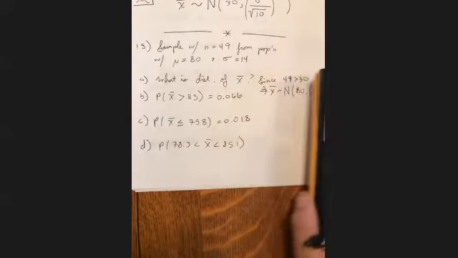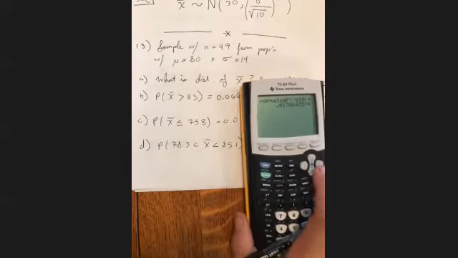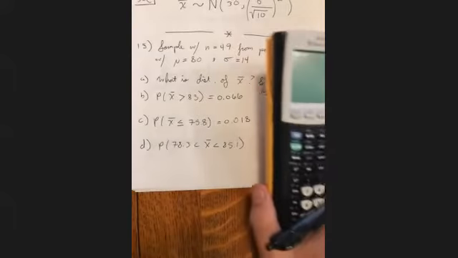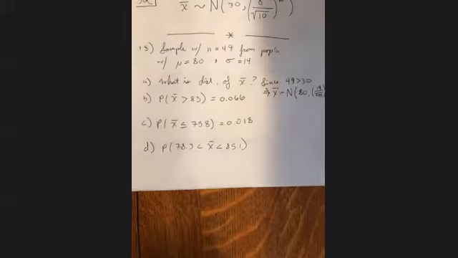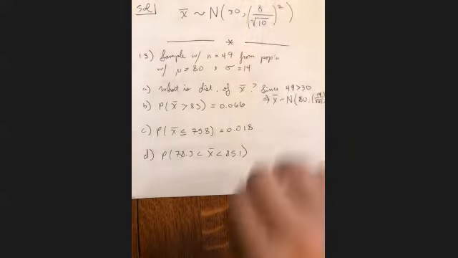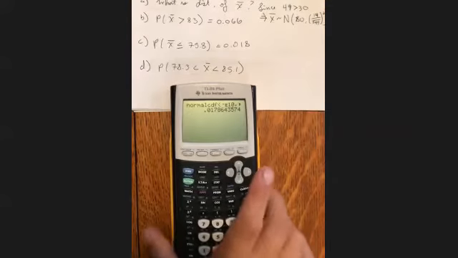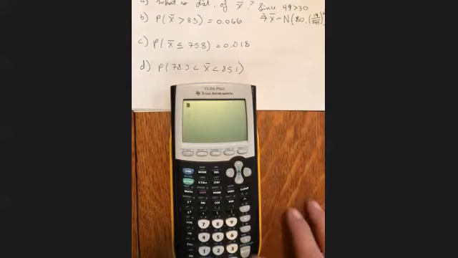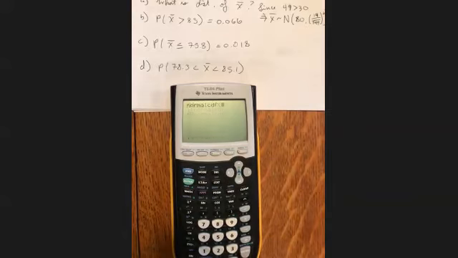All right, and finally, we want to find the last probability. Trying to squeeze this all in on one screen. Okay, so yet again, we know the X-bar is normally distributed, so we can use the Normalcdf function to compute this probability.